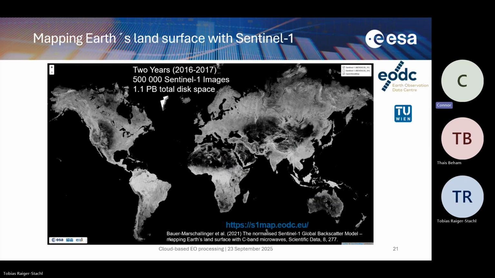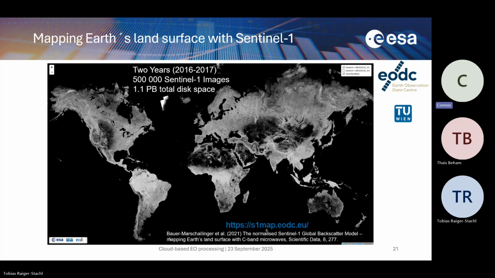So next, please. It becomes quite straightforward when you have a global acquisition plan that is consistent, at least over land, because this is where we are operating at TOBN, to also create global backscatter maps like this one, for example, that we released in 2021 and that encompasses 2 years of Sentinel-1 images acquired in interferometric wide swath mode.